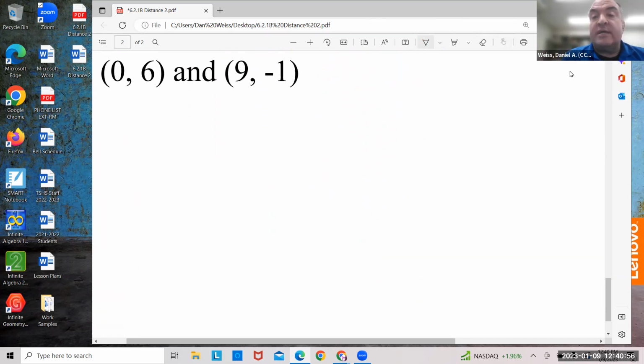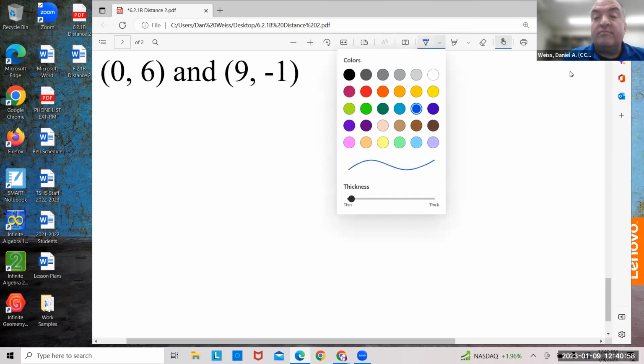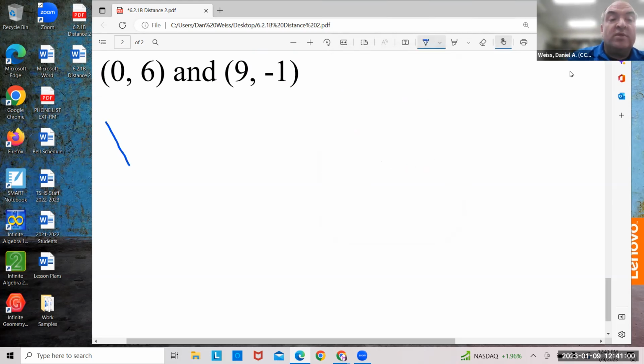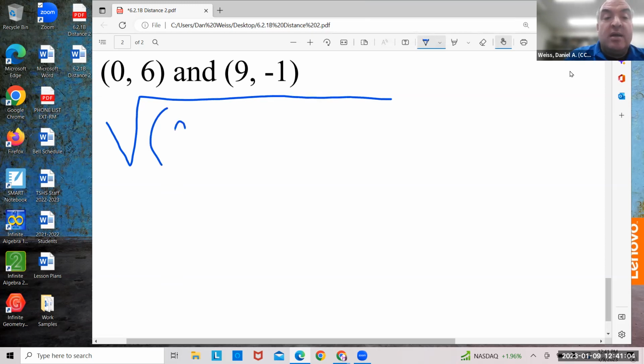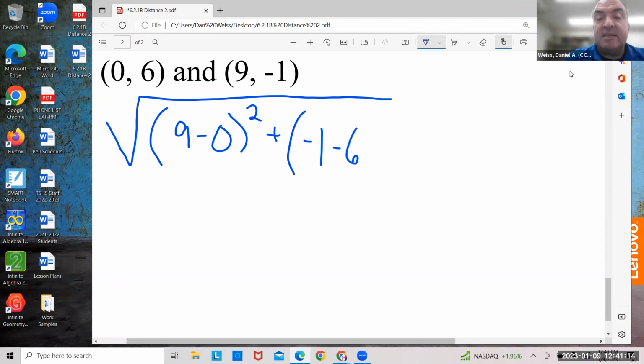Over here, check this one out. Once again, square root 9 minus 0 squared plus -1 minus 6 squared. Okay.